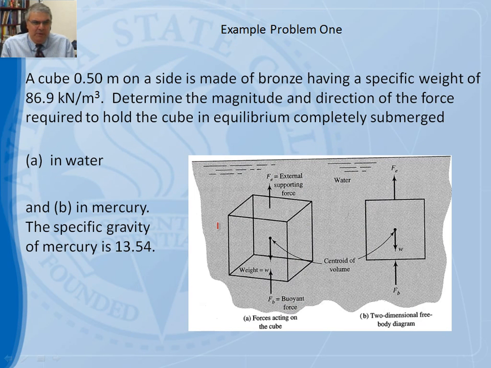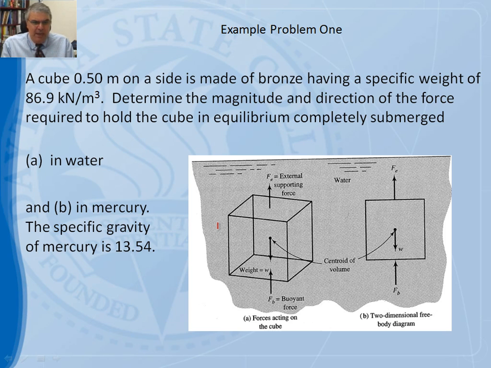An example problem is given here. There is a cube 0.5 meter on a side. It's made of bronze having a specific weight of 86.9 kilonewton per cubic meter. We're going to determine the magnitude and direction of the force required to hold the cube in equilibrium completely submerged.